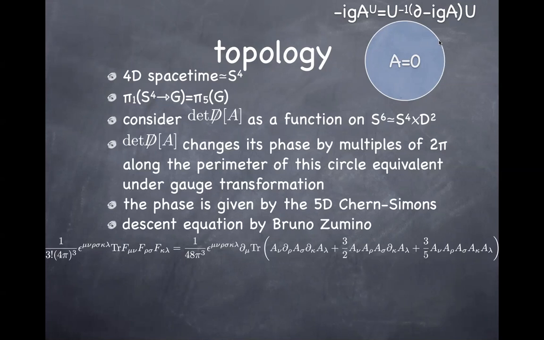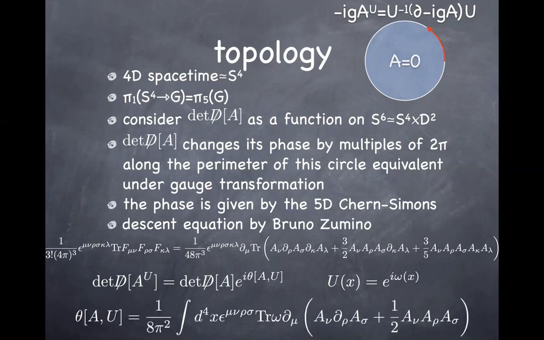But along this loop, every point was supposed to be related by the gauge transformation. So if you specialize this loop to be just a collection of gauge transformations, you can show that this way of moving only gives you a change in Chern-Simons, again, by yet another total derivative. So the 5-dimensional Chern-Simons is now a total derivative. So what is differentiated now becomes a 4-dimensional object.